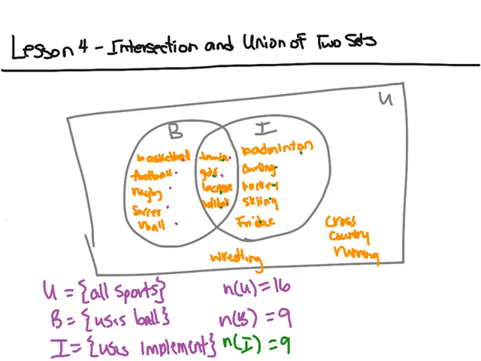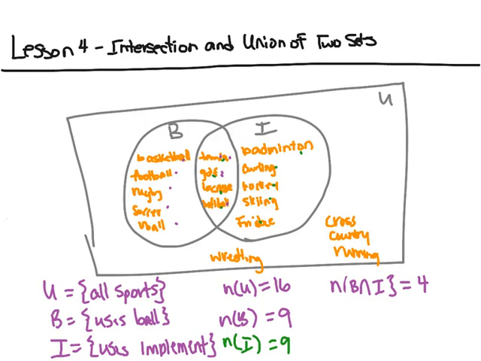And now we want to find our intersection area. So N of a ball and an implement would be our intersected area, which is 1, 2, 3, 4. So we have 4 numbers that are in our intersection area.